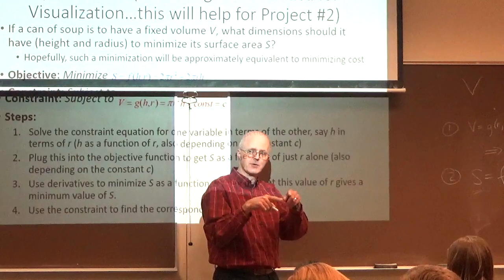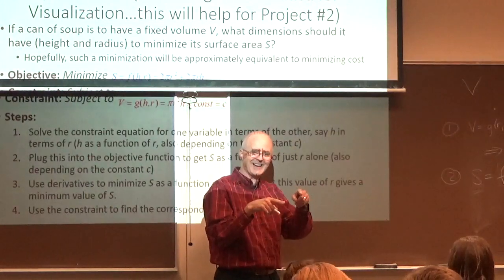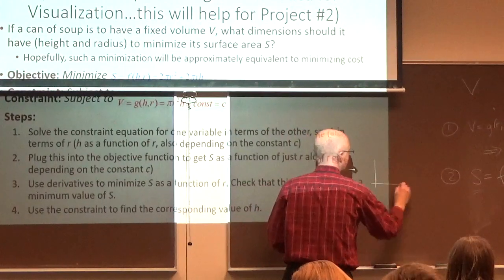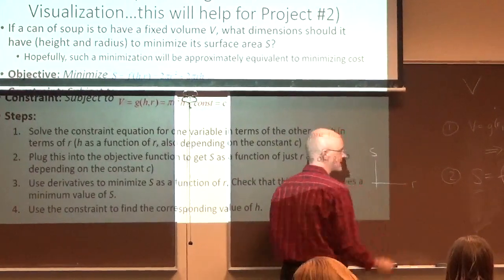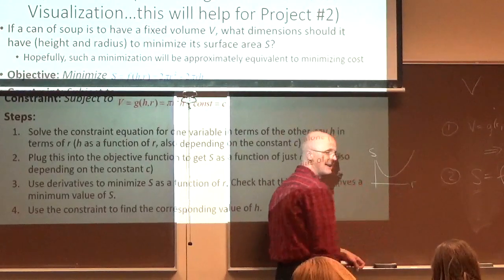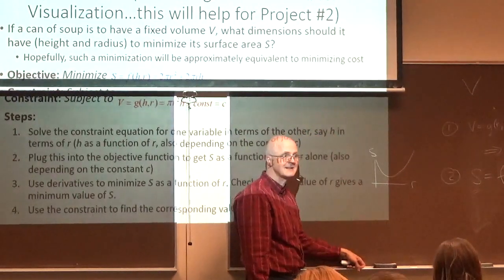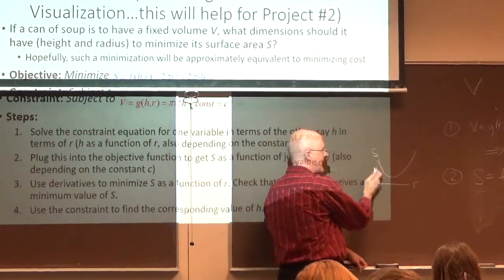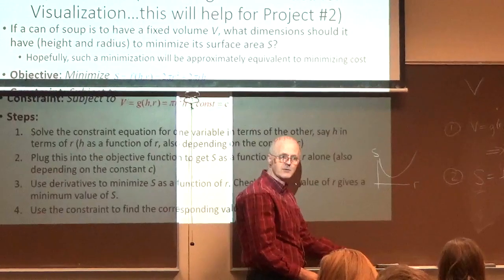I'm going to do the second derivative test first. I'd like to verify that this point gives you a minimum surface area. Maybe the graph looks like this. And in fact, it will look like that. Kind of like a parabola, however, it's not a parabola. It's got a vertical asymptote here at r equals 0.